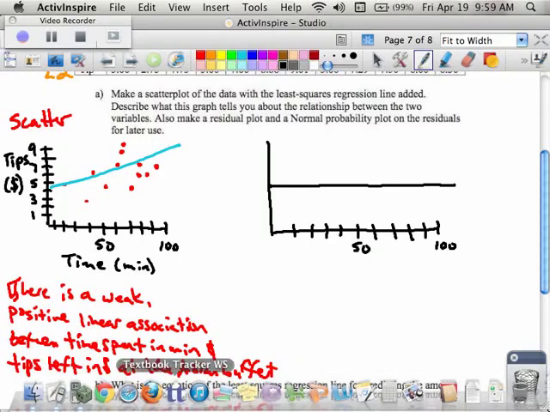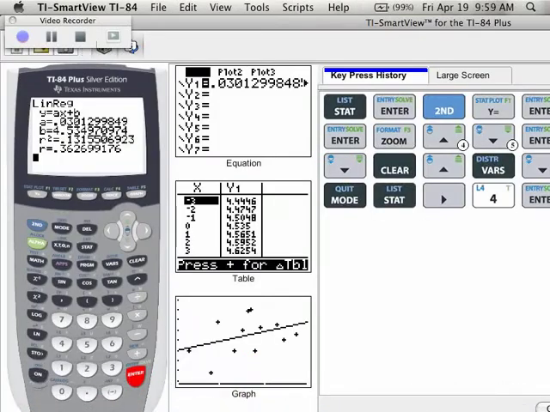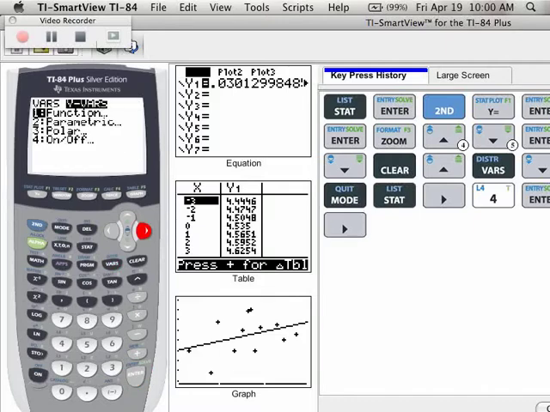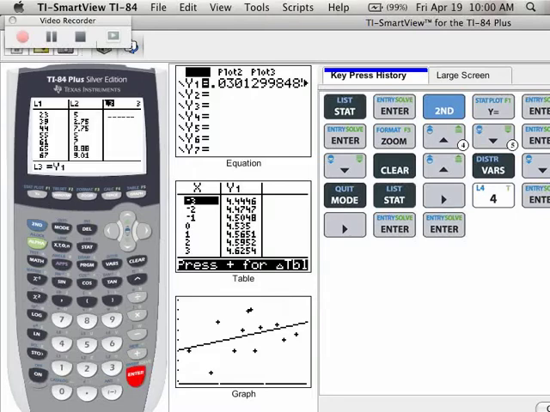So you go into your calculator, and when you go into your stats and edit, you arrow up to L3 and hit enter. And that's when you go vars, yvars, function, enter, because you have that regression line in y1.